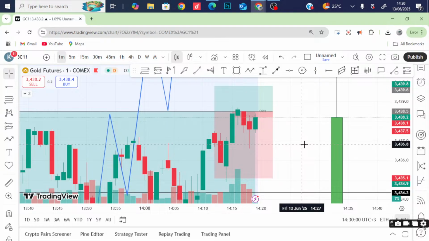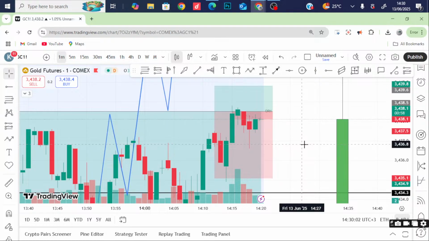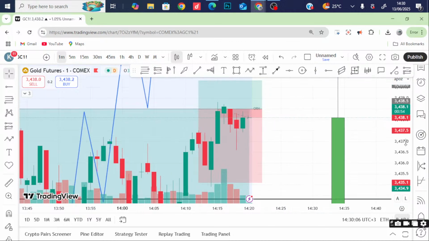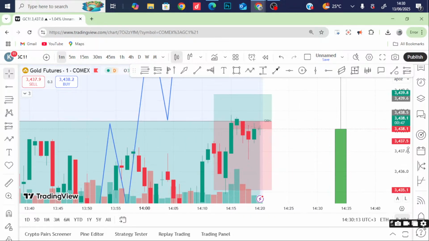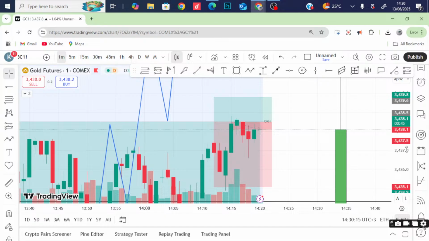The ORB, the open range breakout. I will have shown you some of my trades.